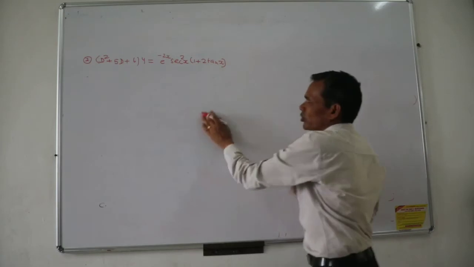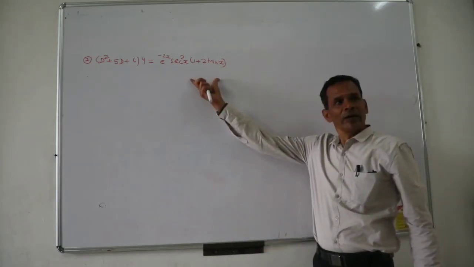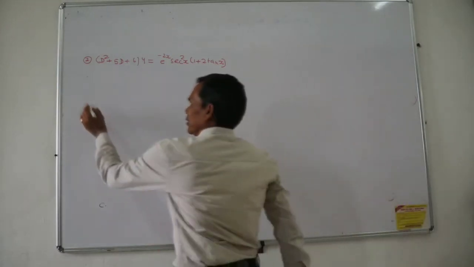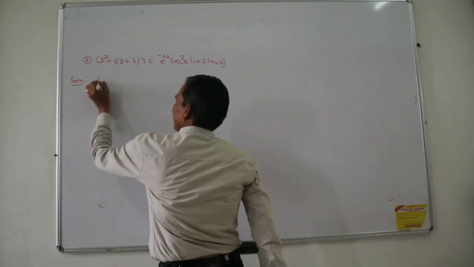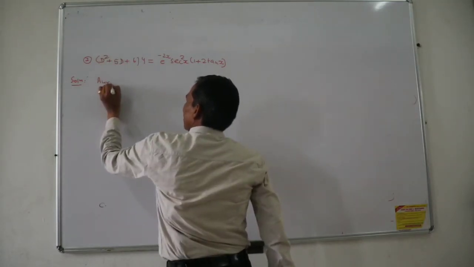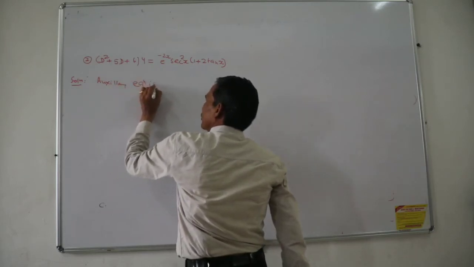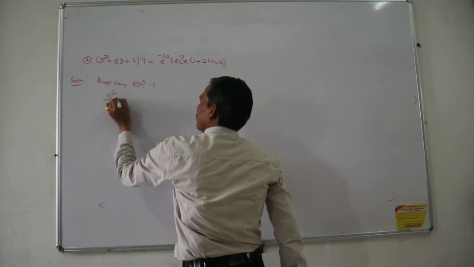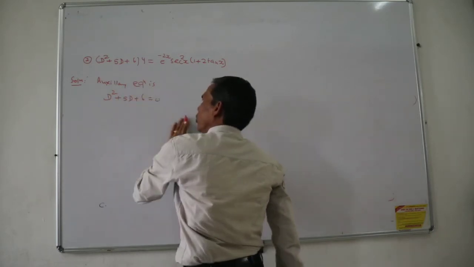Now if you observe this problem here, it is a tough job to find out particular integral by shortcut methods. So we just go with the auxiliary equation, because this is a second order linear differential equation. The auxiliary equation is D square plus 5D plus 6 is equal to 0.